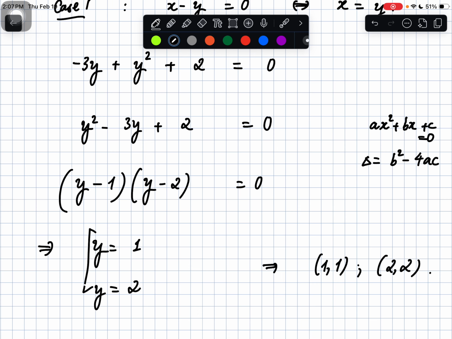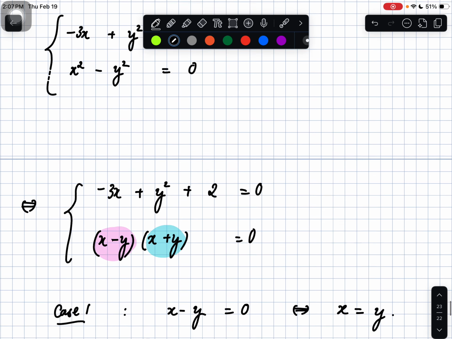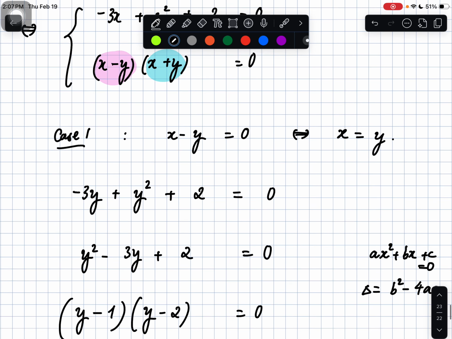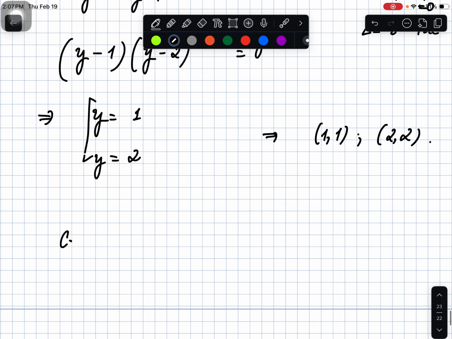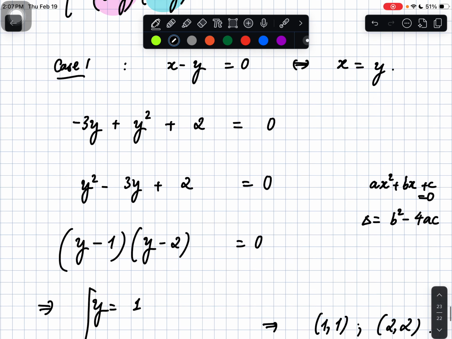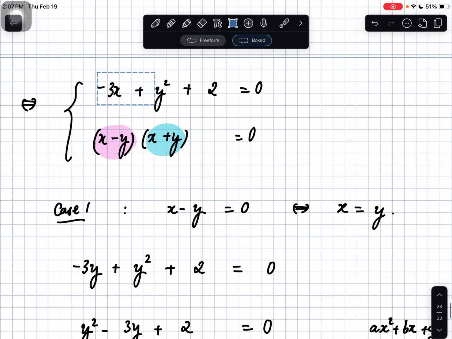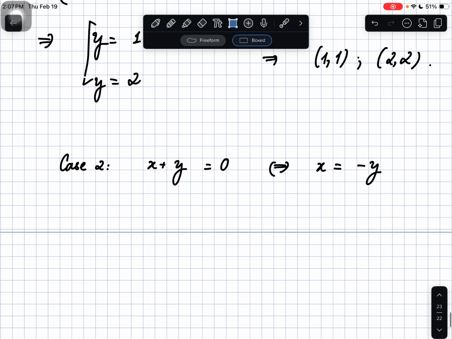Let's do the second case. Second case, x plus y is 0, so x equals minus y. I will plug that into the first equation.